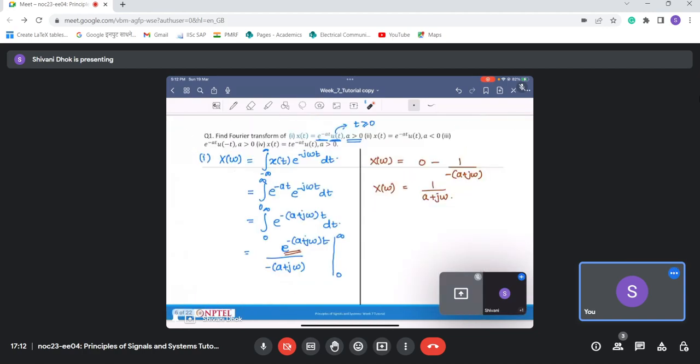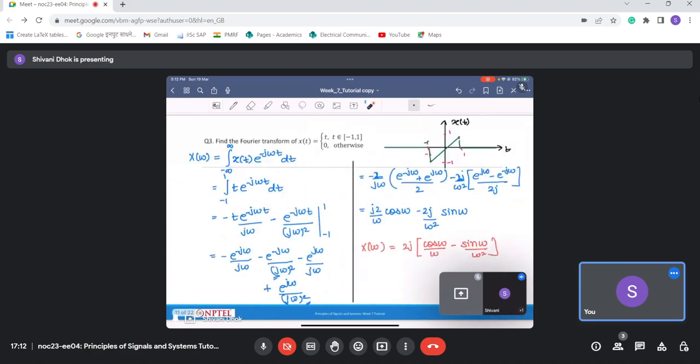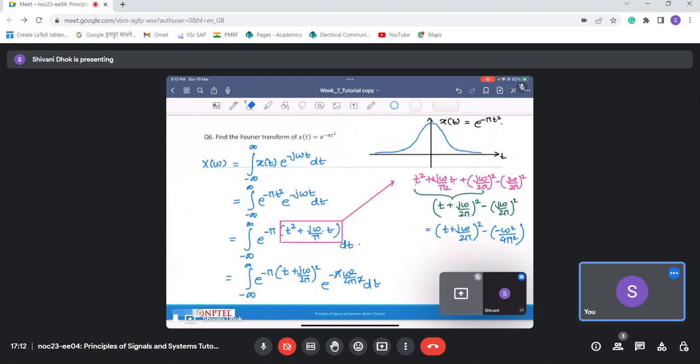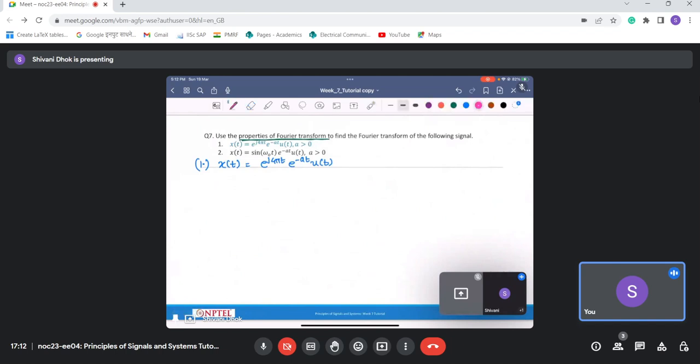So from previous discussions, we have the following two things. The first thing is that the signal e power minus a t u of t has a Fourier transform of 1 upon a plus j omega, and this comes from question 1.